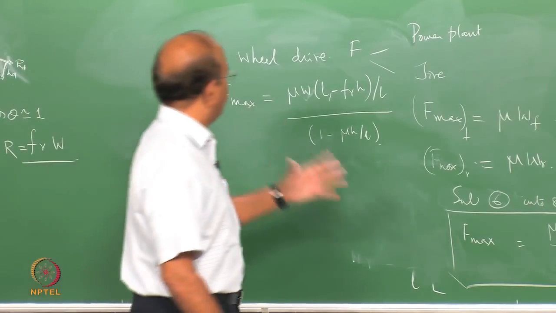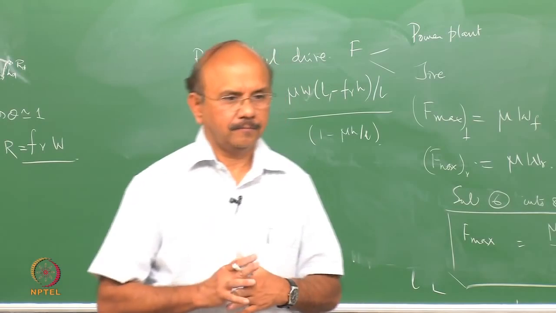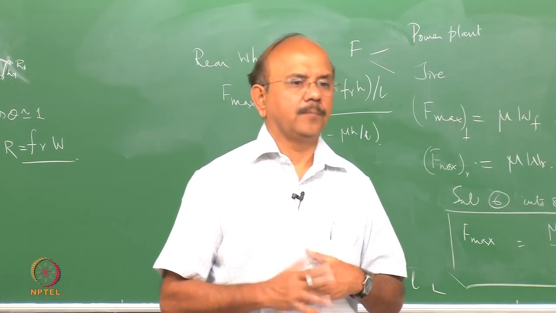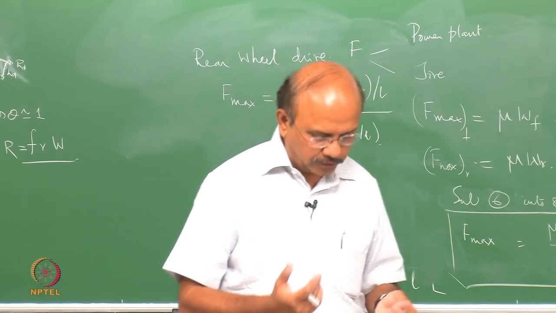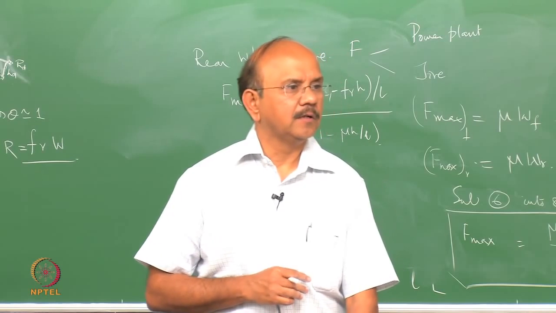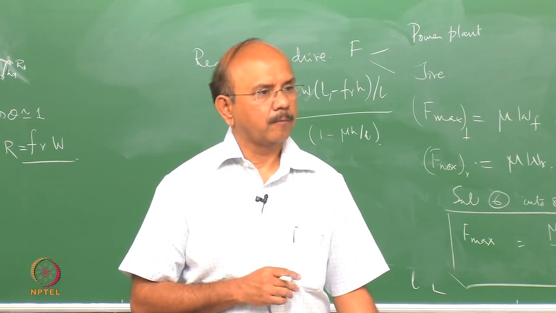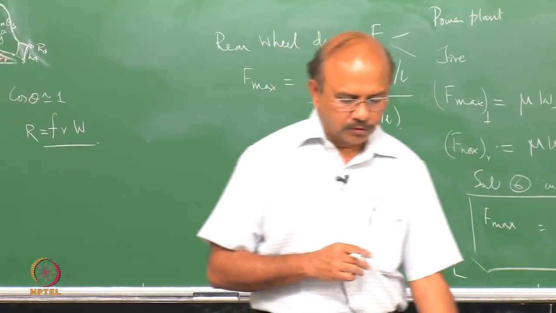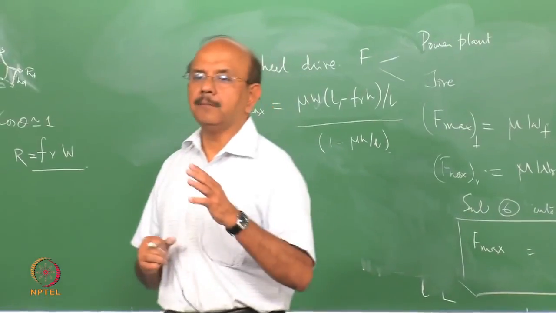Now, this is the front wheel and the rear wheel drive, the maximum force that is developed. Beyond this, the wheel will not develop a force, and we will not be able to reach the kind of deceleration that we want. Now what we are going to do is change track and look at braking.